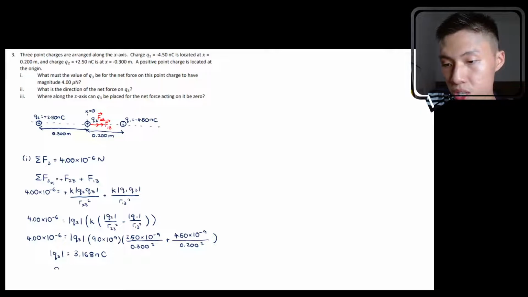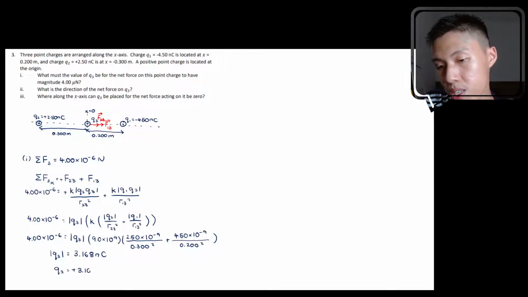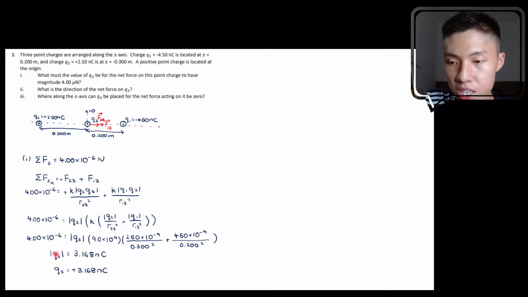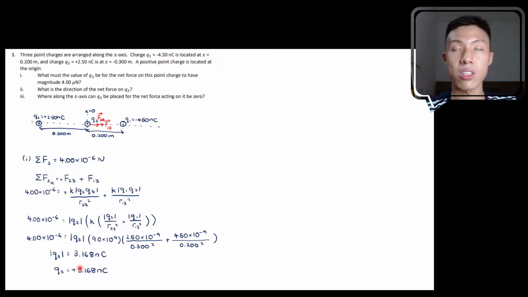You know for sure that Q3 is equal to positive 3.168 nanocoulomb. Because here there's a modulus, you wouldn't know whether it'll be positive or negative, but since the question tells us it's a positive point charge, you can just put in the positive. So that's how you solve the first problem.